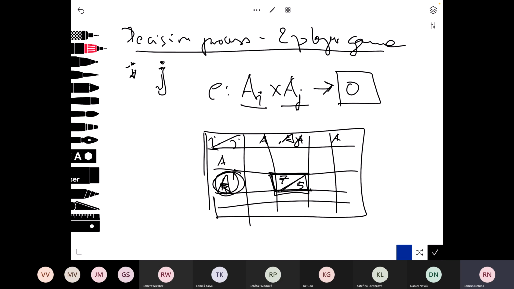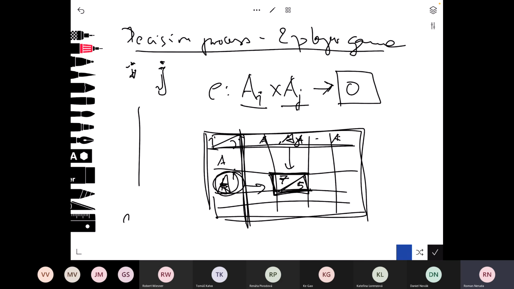So we have this table where all the actions of the first agent and of the second agent are described, and then for each combination you have an outcome for agent I and for agent J. That's a simple situation of how you describe agents playing some kind of strategy.